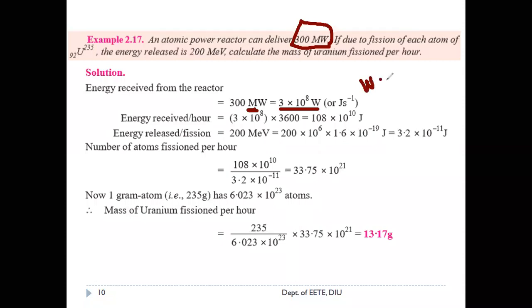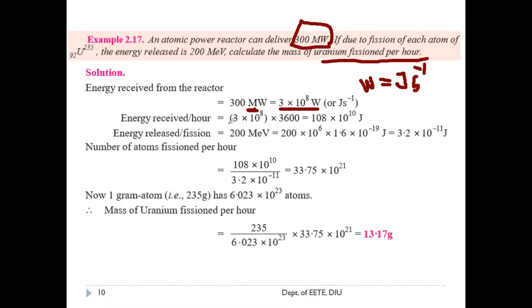Watt equals joule per second, that is the unit equivalent. So this is for per second, but we have been told fission per hour. This 300 megawatt is for per second, so we will now convert seconds into hours. How many seconds are in an hour? It is 60 into 60, 3,600 seconds.